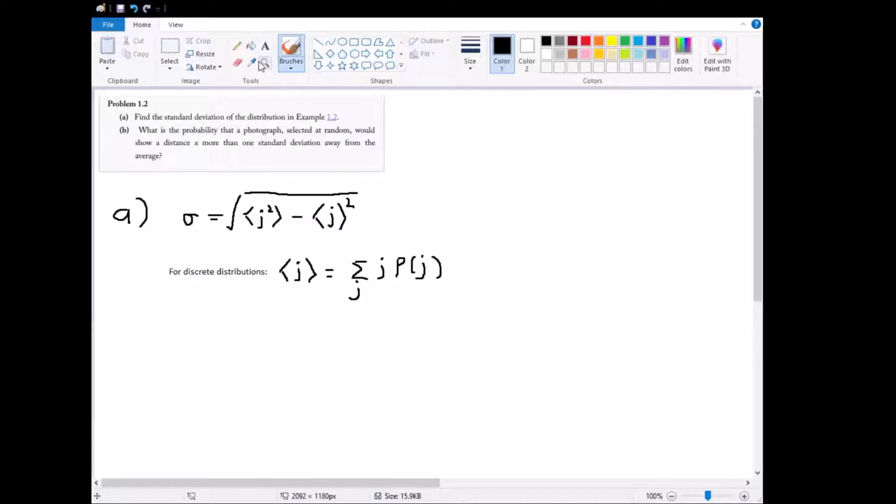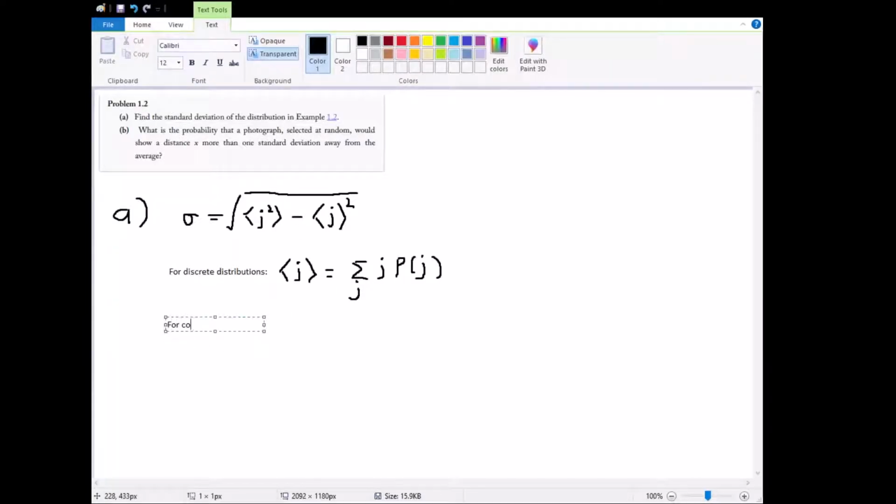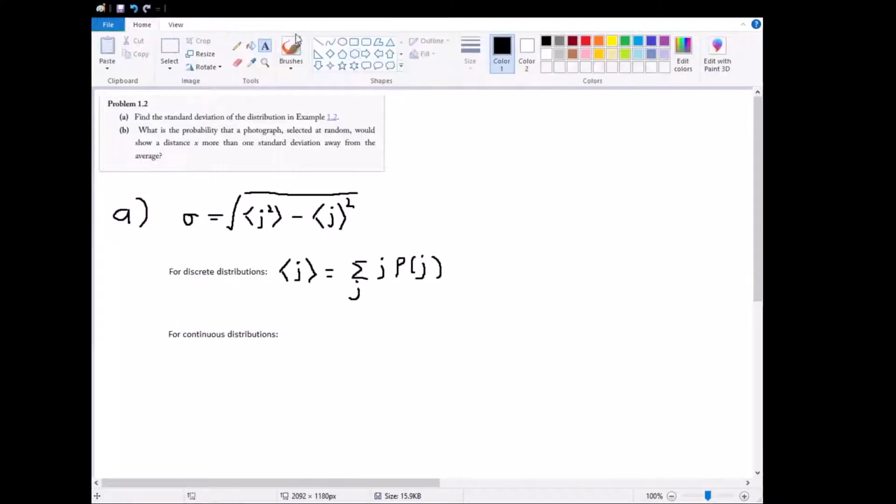And if we wanted to move on to a continuous distribution, we would evidently have to turn our summation into an integral. So for continuous distributions, what we get instead is that the average of j is equivalent to the integral from negative infinity to infinity of j times, instead of p of j, this time we say rho of j, where rho of j is our probability distribution of j, times dj.